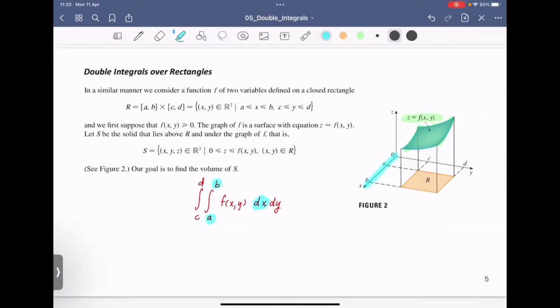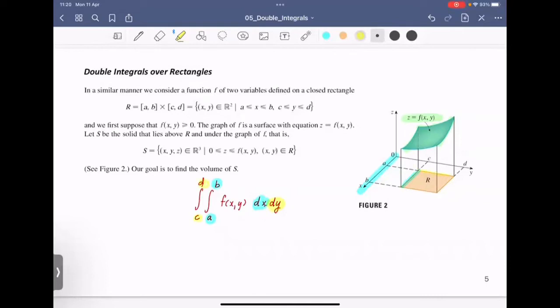Okay, this is the x-axis. So you're going to integrate x from a to b, which is the one that I highlight in light blue. And then next, let's take another color, let's say yellow. So y here, you're going to integrate y from c to d.